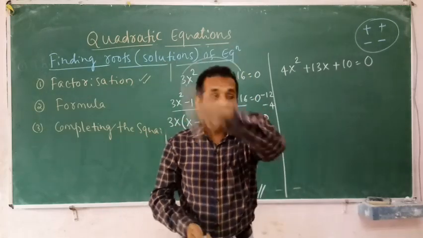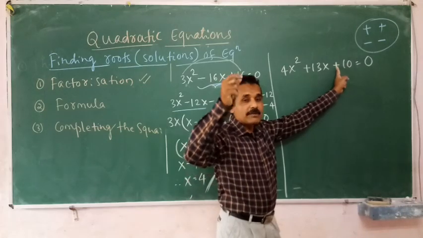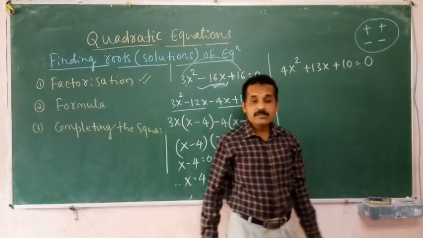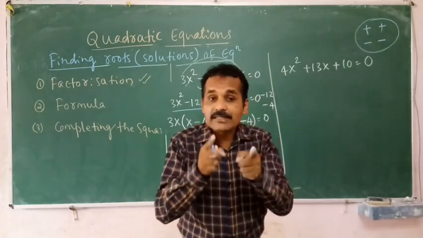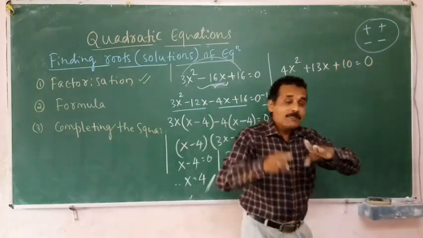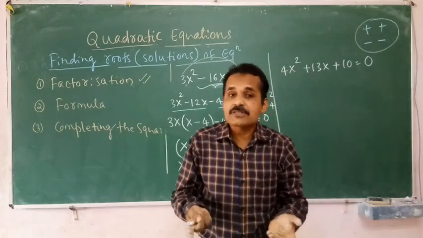Whenever the last sign is positive, the chances for the middle terms are two, either plus plus or minus minus. That means the middle terms must be added. Minus minus is also added, plus plus is also added, because you know that when both are minus, we are adding the terms.